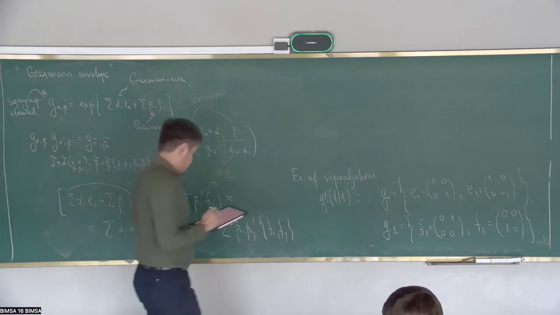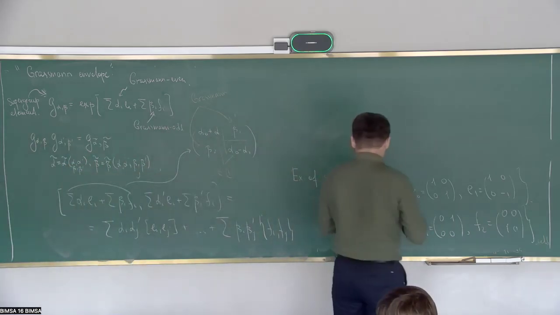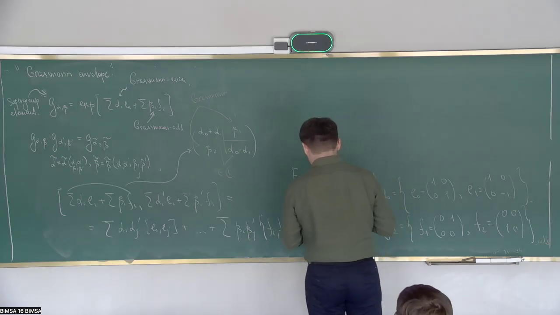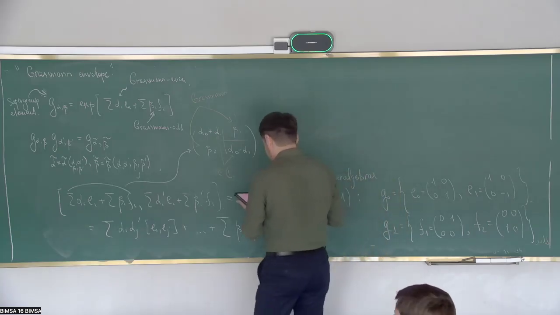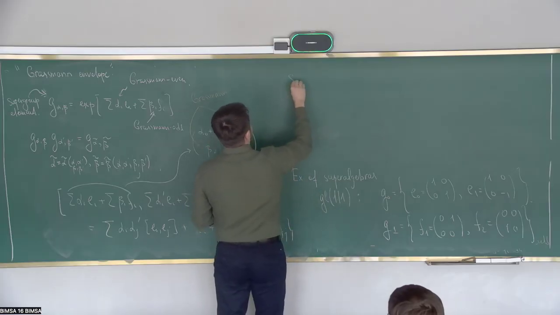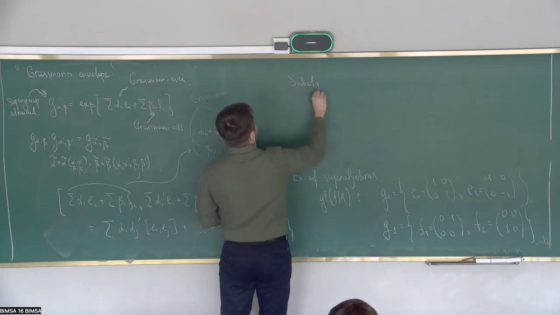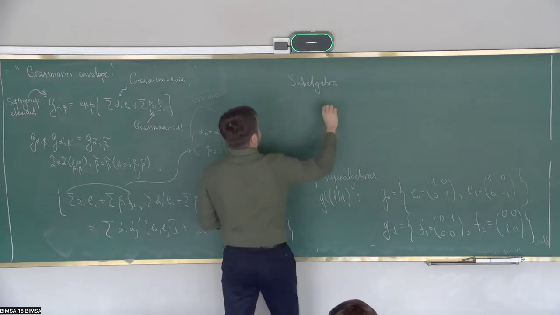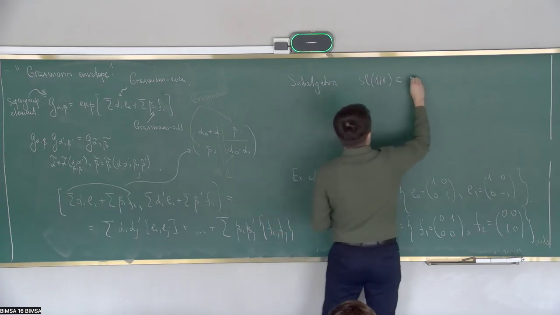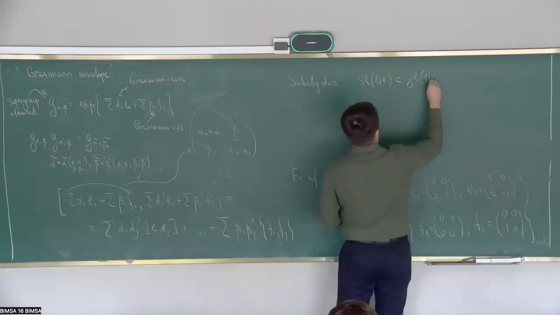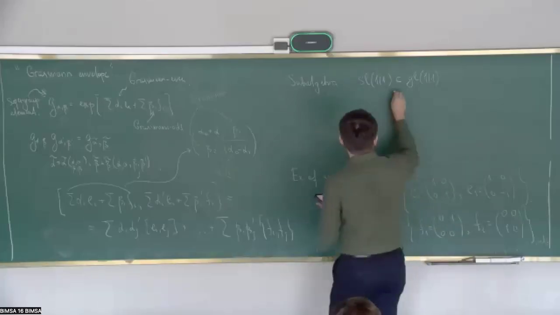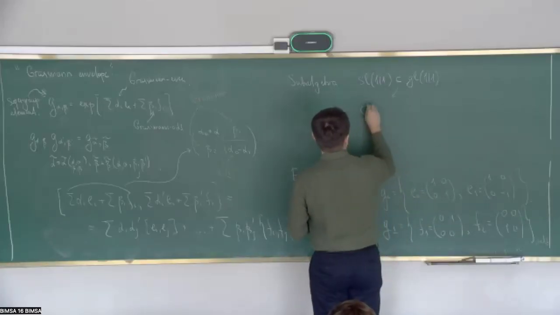Okay, so let's study some useful subalgebra of GL(1|1). There's a useful subalgebra, which is specified by the condition that the supertrace is zero.